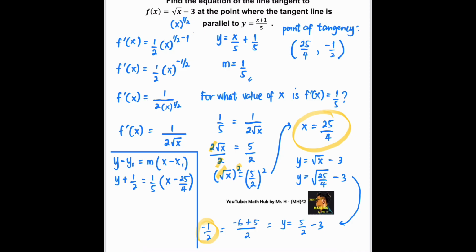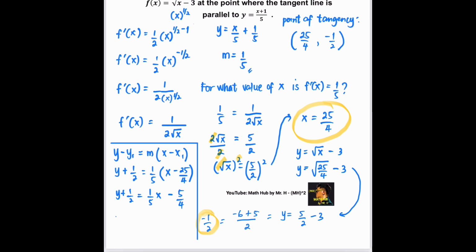But we can continue this until we find the equation in slope-intercept form. All right, so for this one we'll have y plus 1/2 equals, we distribute, so we'll have 1 over 5x minus 25 over 20. So we can change this to 5 over 4. So y equals 1 over 5x.